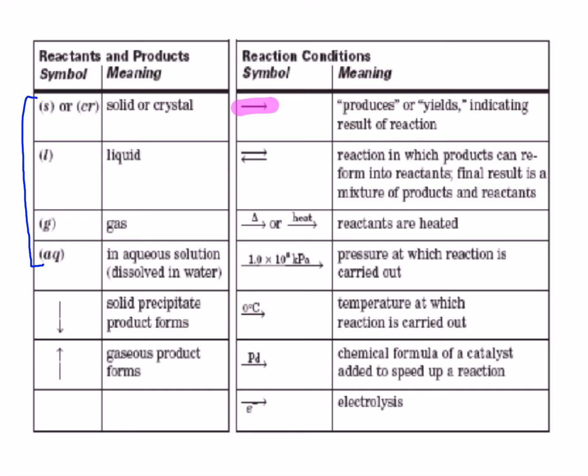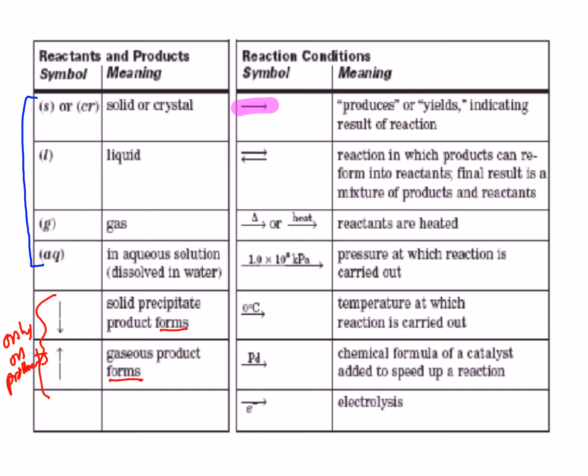Now, continuing back here on the left-hand side down these last two arrows, guys, but I want to talk about the reaction piece first for the arrow. You will only see these two symbols only on the product side. All right, only with the products, because it says a solid precipitate forms or a gas product forms.